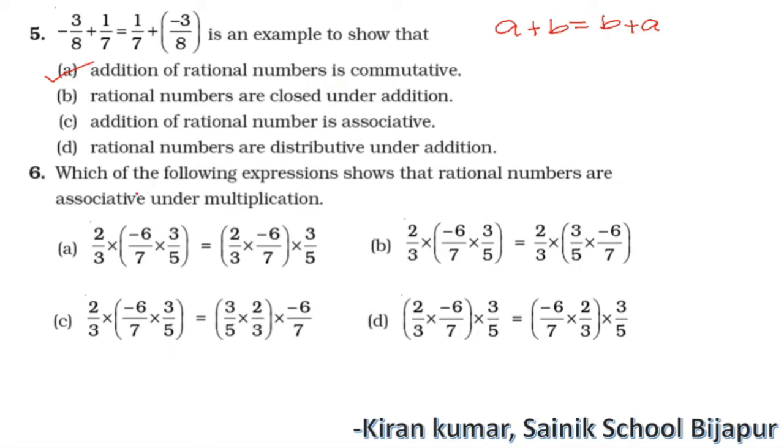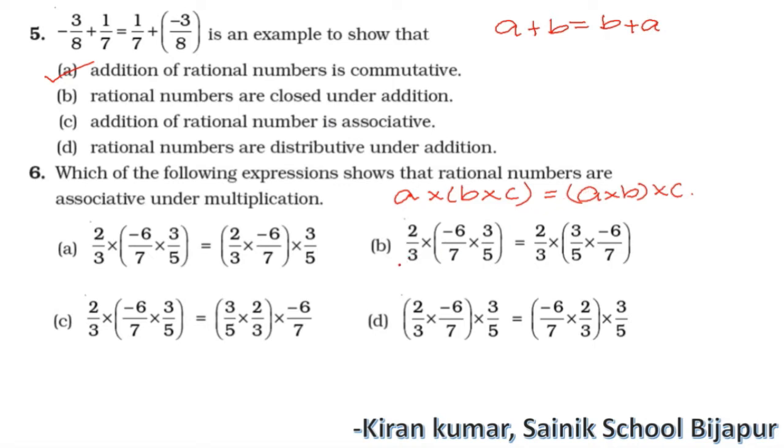Statement 6. Which of the following expressions shows that rational numbers are associative under multiplication? We should know that A multiplied to the product B into C will be equal to the product A into B multiplied to C. This particular property is called associativity under multiplication.